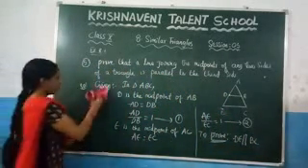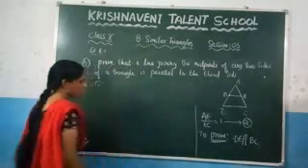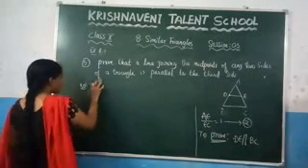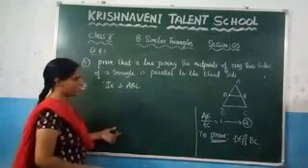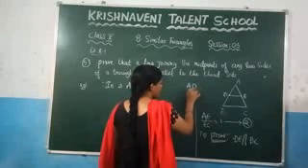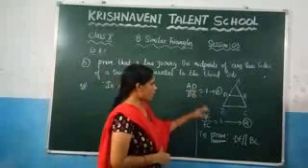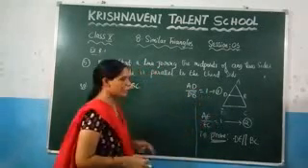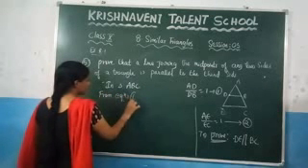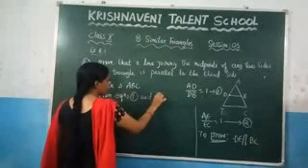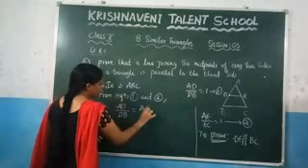Now write here, in triangle ABC, before we have got one equation, which is nothing but AD by DB is equal to 1. We call this equation 1. Now you can compare these two equations since the RHS parts are equal. So write here, from equations 1 and 2, you can equate the LHS part, which is nothing but AD by DB is equal to AE by EC.